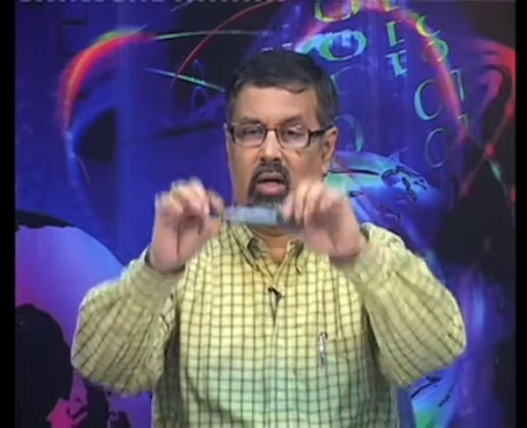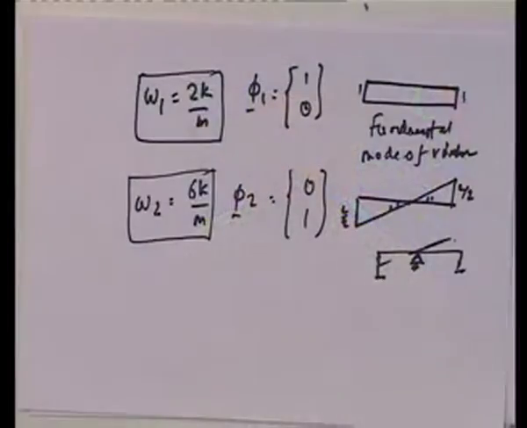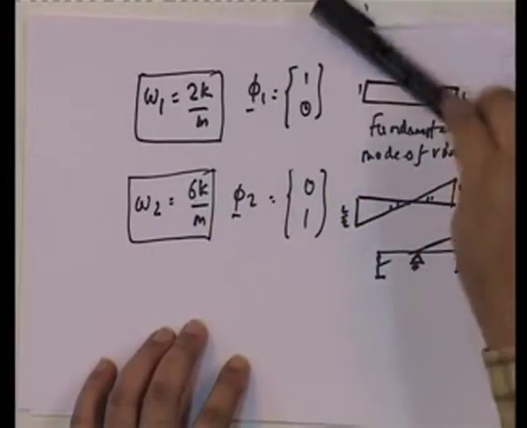Why is it called fundamental? Fundamental because left to itself, completely left to itself, not being subjected to any kind of random motion, and if you just hit it, ultimately it will just try to vibrate in this fashion. This particular structure will try to vibrate only in this way.